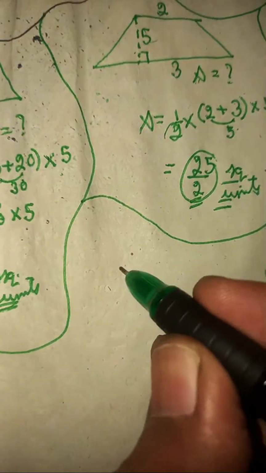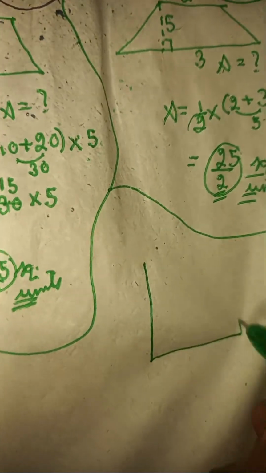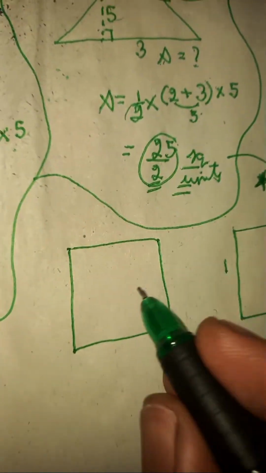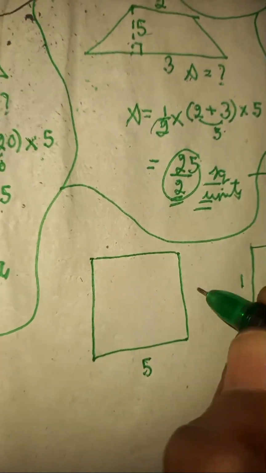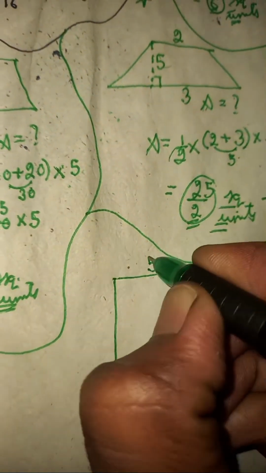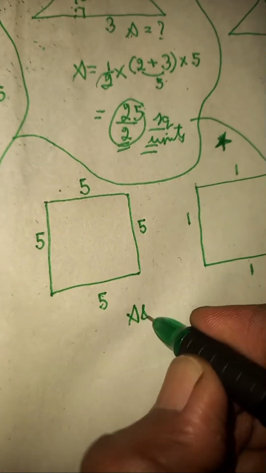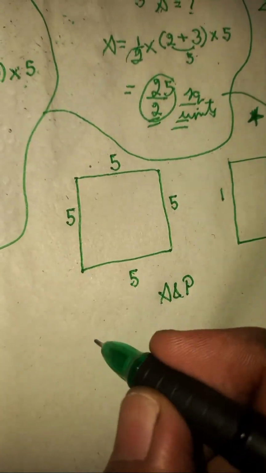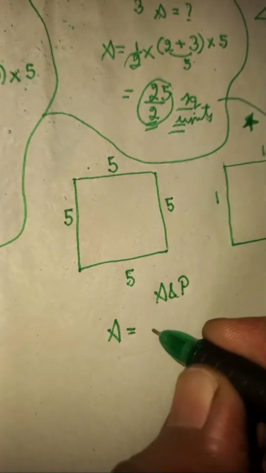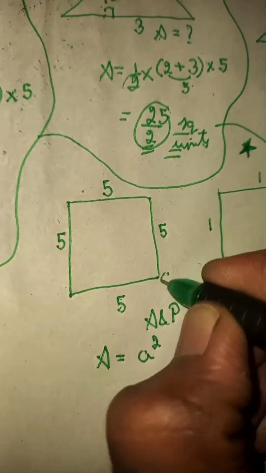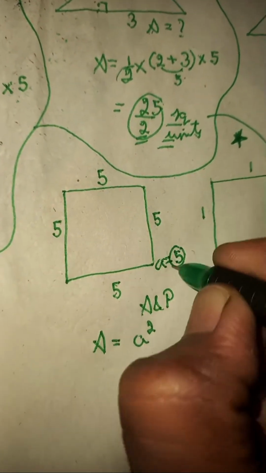Let's take another square. Here they have given the side length equal to 5 units. Since all sides are 5 units, here also you can find out area and perimeter. Let's find out the area, which is a squared. Here a equal to 5, that is side length.